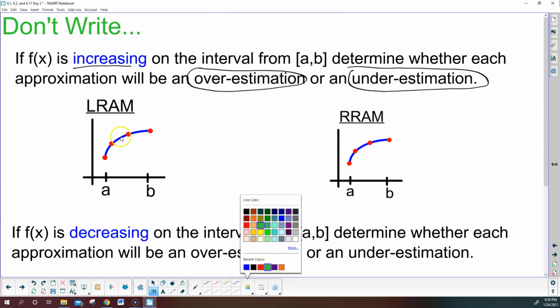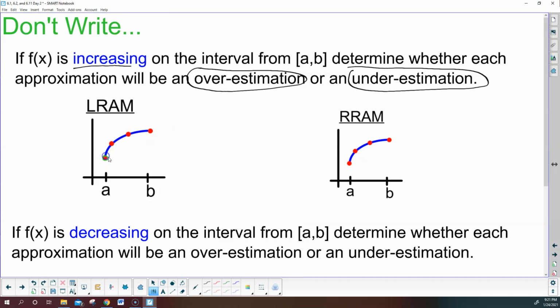So what if I ask you to do the left RAM on this graph? Notice it's increasing. This function is increasing. So if I take the left endpoints and I draw a rectangle, here's my left. Remember, left is that corner. And then I go to the next one. And then I go to the next one.